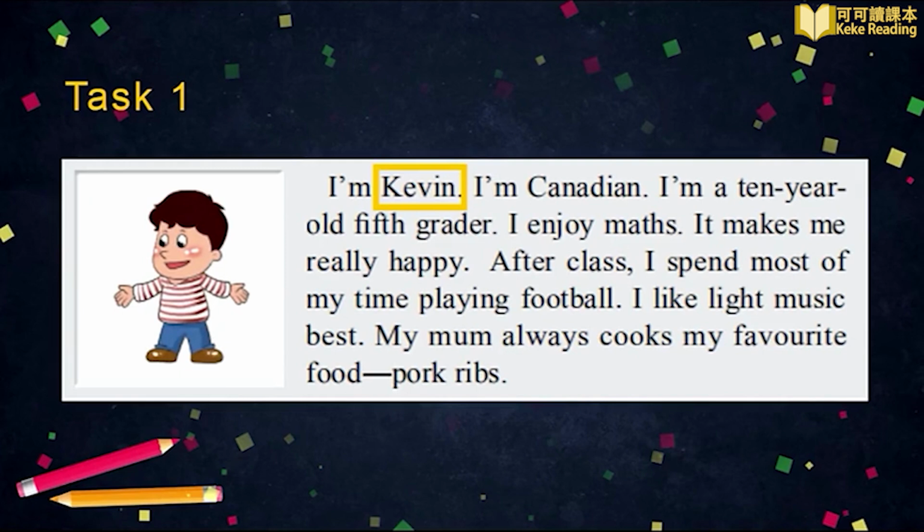Also, there are some information that we can't see from the words directly. We should read and think. 同样，在这段话中，仍然有没有直接给出来的信息，需要大家分析、思考。For example, I'm a Canadian. 我是加拿大人。So, Kevin is from Canada.